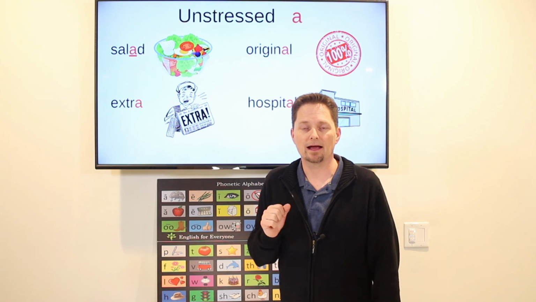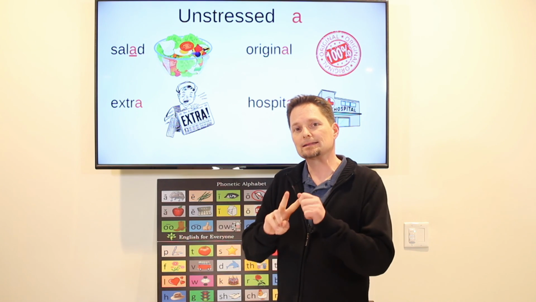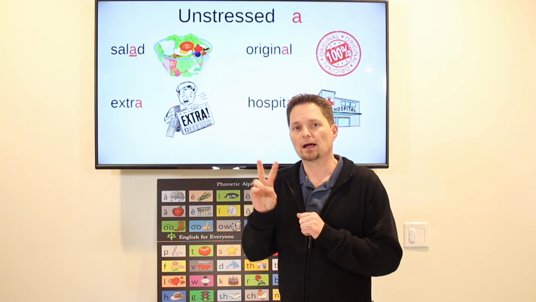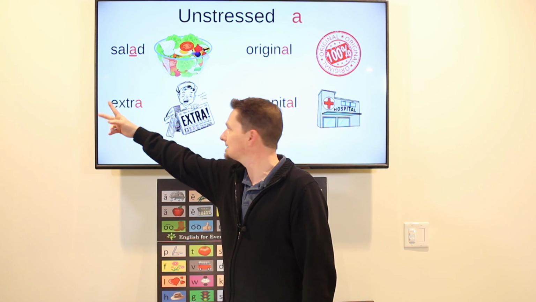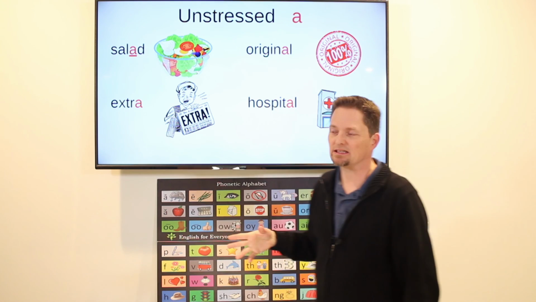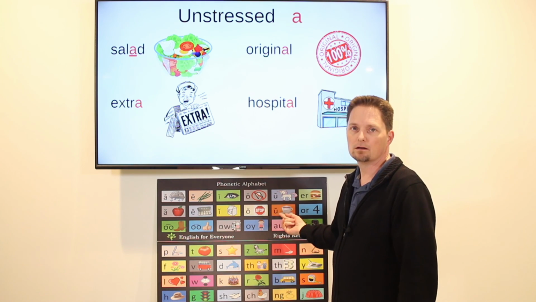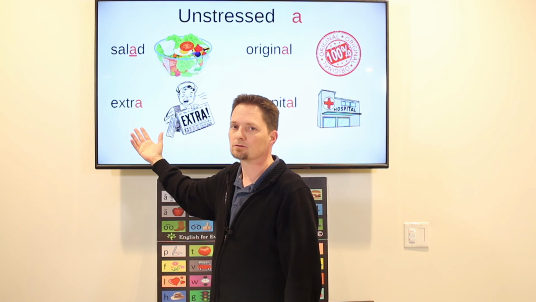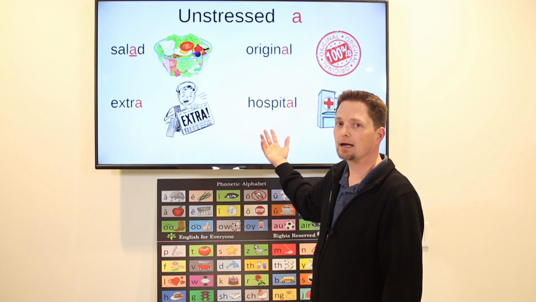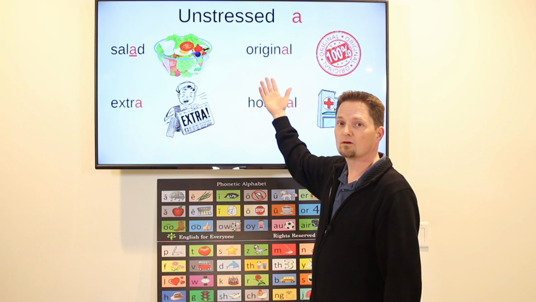And other sounds of A: when A is in the second syllable of a two-syllable word and the first syllable has the stress or the accent, the second is pronounced lazy. This sound here. Examples: salad, extra, hospital, original.